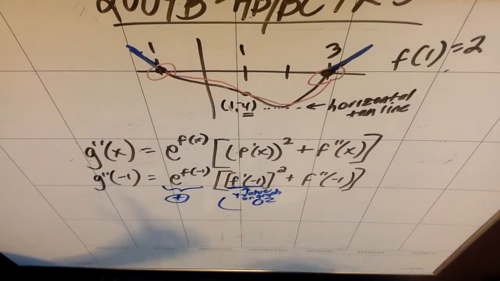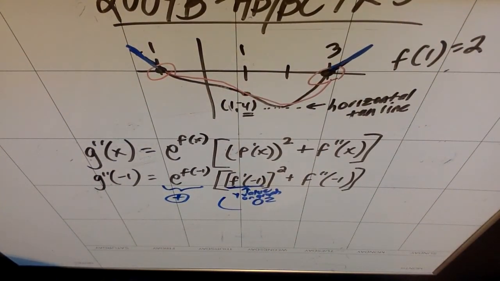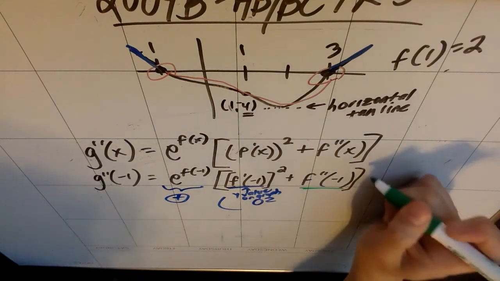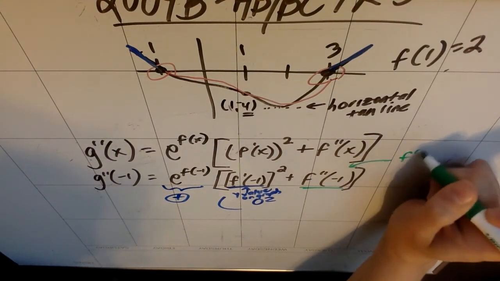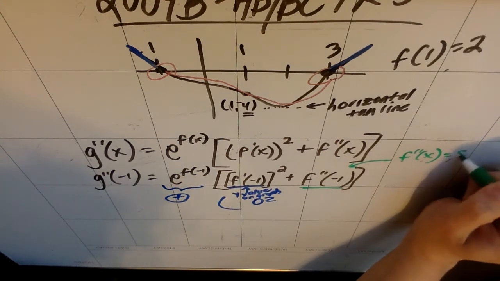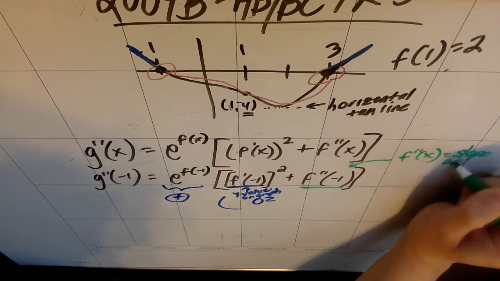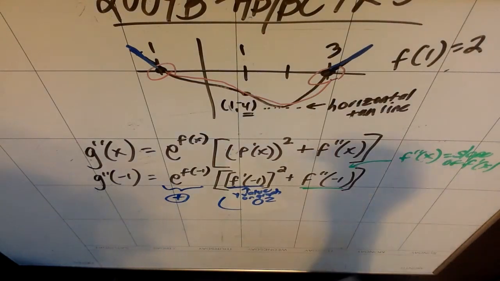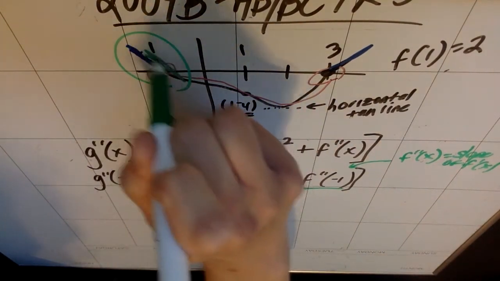Cool? All right. So the entire problem hinges on knowing the sign of this guy. Well, remember that f double prime of x is the slope of f prime of x, because slope and derivative are essentially synonymous if we use a way oversimplified version of things. So if I look at -1, this thing has a negative slope.